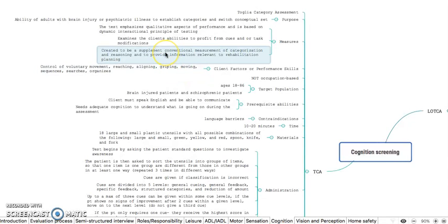It's commonly used in adults with brain injury or psychiatric illnesses.